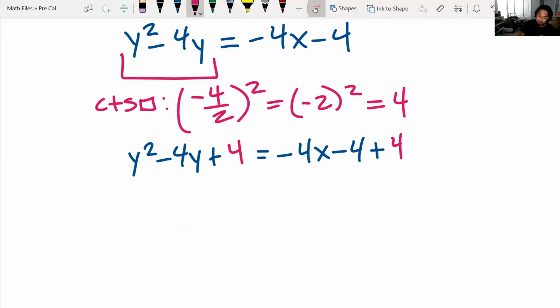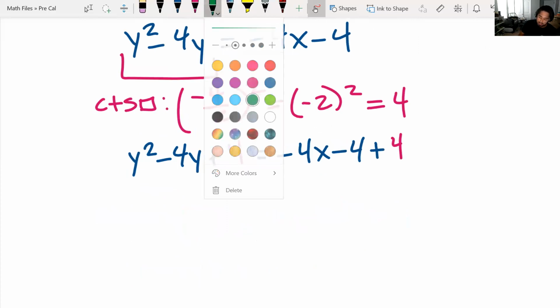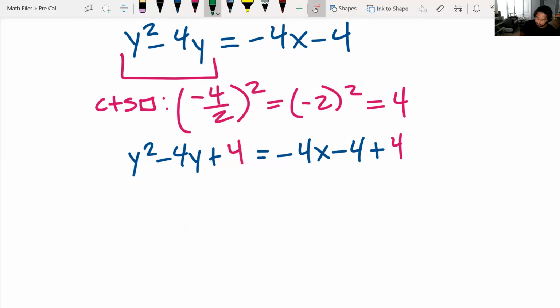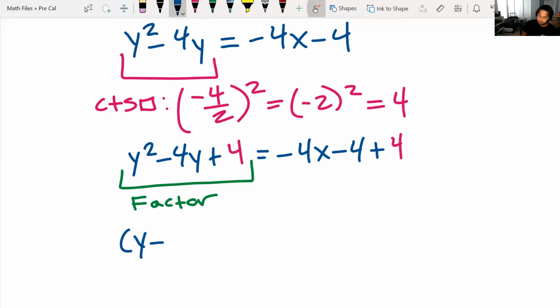All right. And now remember that after you complete the square, the left side polynomial is always factorable because it becomes a perfect square trinomial. So we factor this, and we are left with y minus 2 times y minus 2 equal to, clean up the right side, your 4's will cancel, negative 4x.